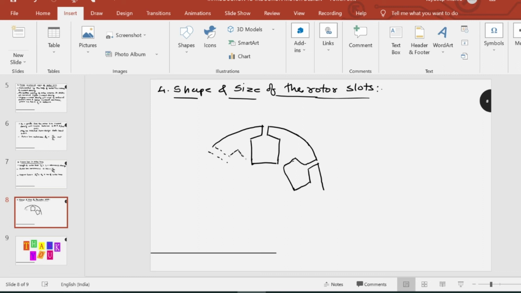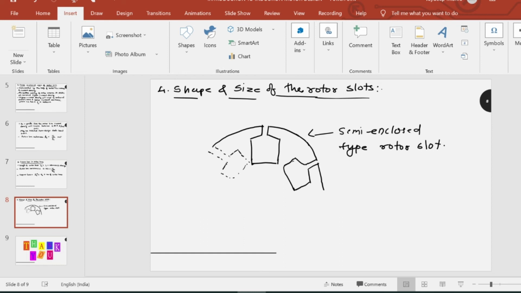Here, this rotor slot is called the semi enclosed type rotor slot. The opening is very narrow. In the case of a fully closed slot, the rotor bars are fully enclosed from the side of the rotor.